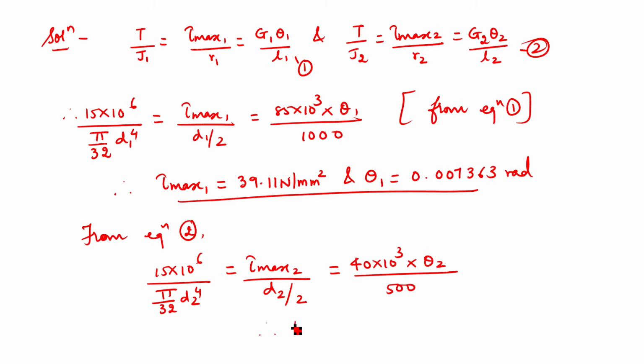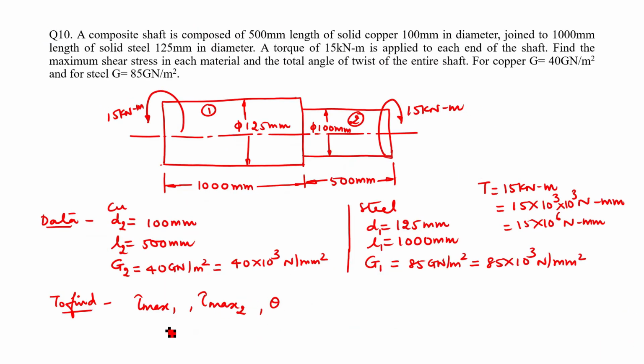From here I get the value of tau max 2 as 76.394 Newton per mm square, and the value of theta 2 is 0.0191 radian. These are the values that I had to calculate.